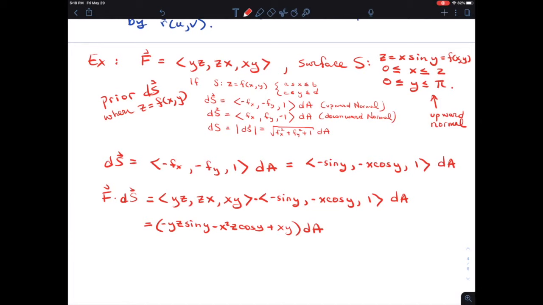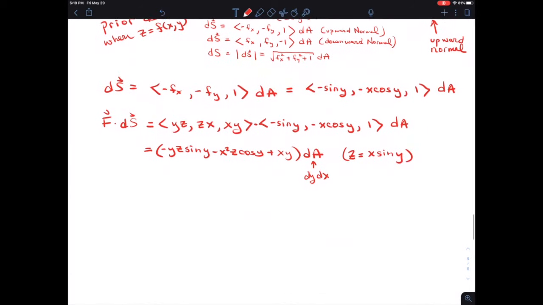The only thing a little disturbing in all of this is that there's a z in here. Remember, the dA is going to be dy dx, and you can't have a z in a double integral. So you have to remind yourself that z is x sine y and do that substitution.